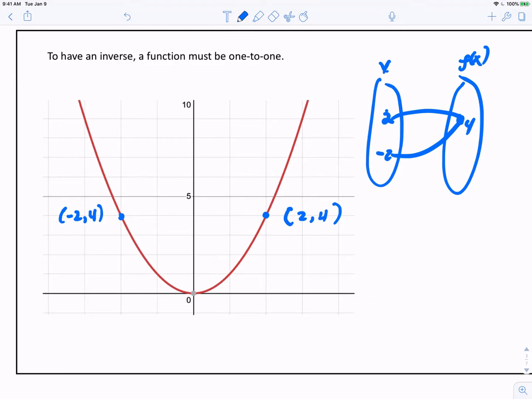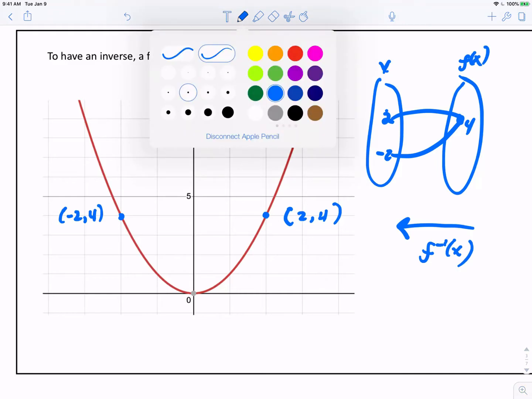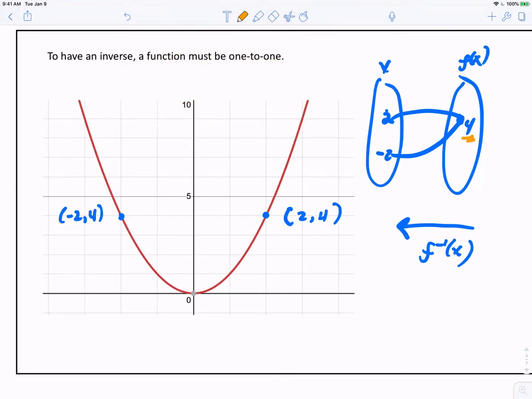But what if we wanted to reverse the direction and make f inverse? Now the number 4 has a problem, because where would it go? Should it go back to 2? Should it go back to -2? See how the number 4 now has two values with which it's paired?